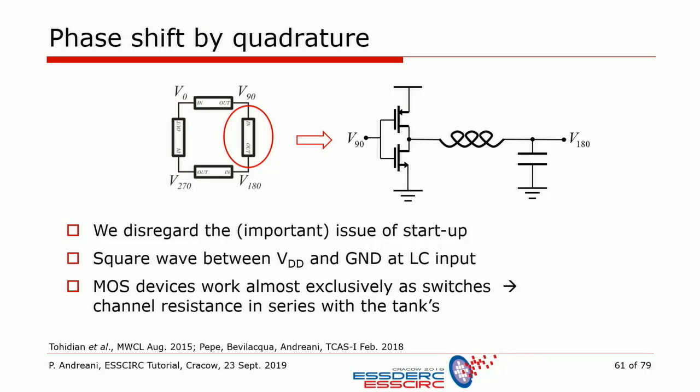Because if we have a good L and a good C, this resistance is maybe 1 ohm or not much more than that. And that really means that these switches must present a channel resistance when they are on which must be much smaller, say, than 1 ohm, if you do not want them to deteriorate the quality factor of the tank.